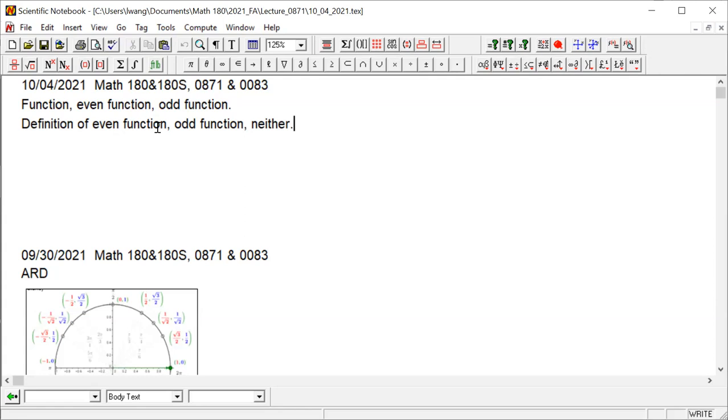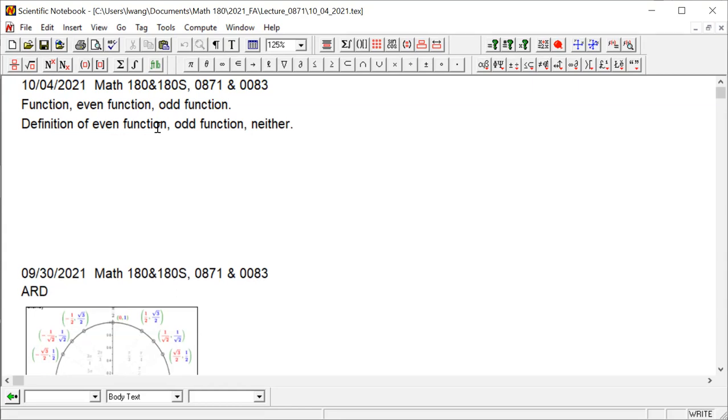In particular, it could be as early as chapter 5 in calculus 1 and later on. So it's worth going over this concept. We're going to spend some time, and at the same time, we're going to review some of the basic skills involved in these operations. All right, so what's the definition of even function?